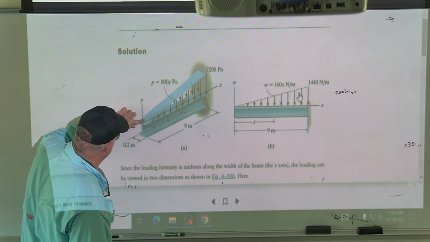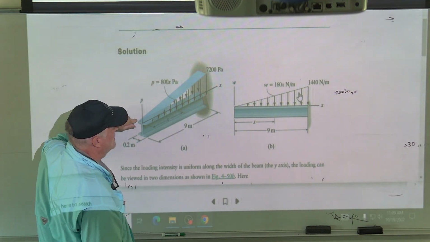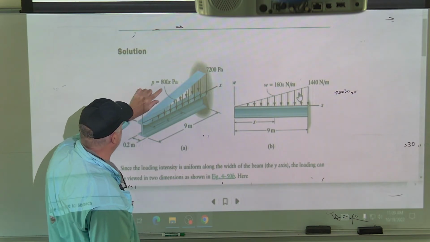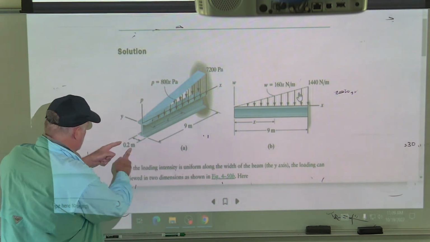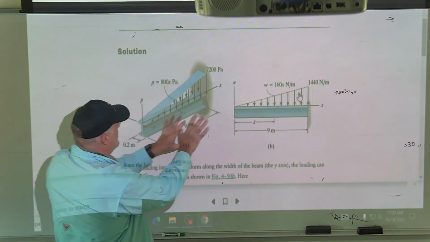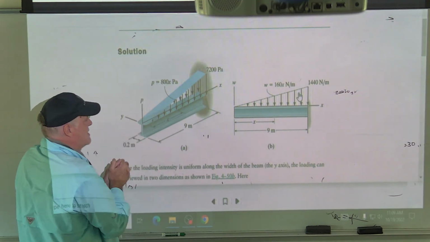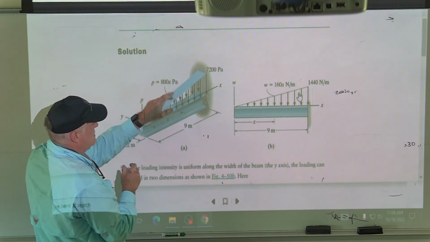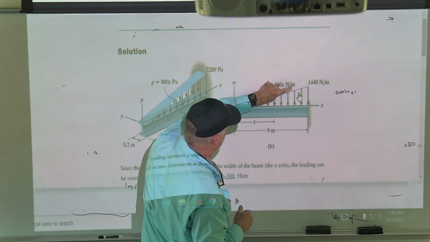What he did over there is he calculated this 800x, and it's Pascals. It's 0.2 meters deep. So when you turn it on its side, the 0.2 times the 800x, there's an x right there, ends up being the weight per running foot.